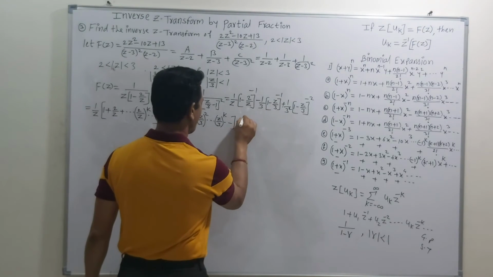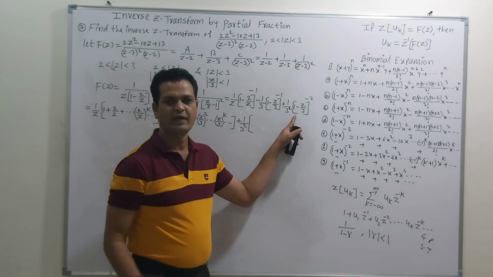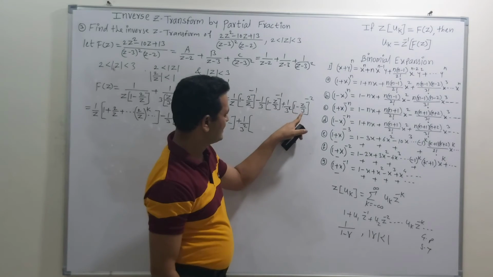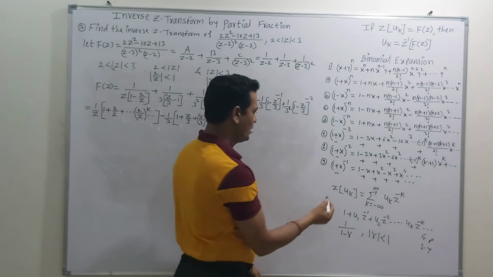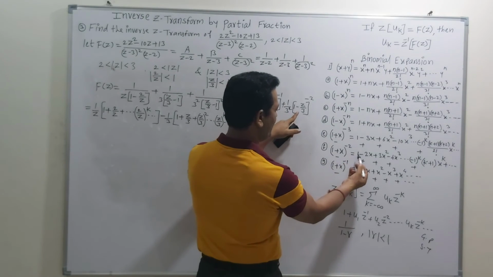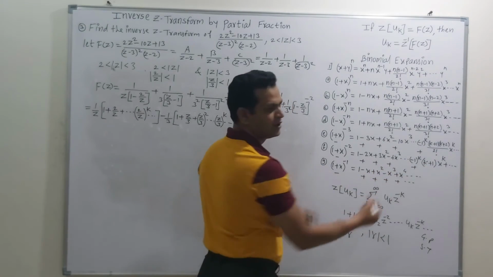Now the third term is plus 1 upon 3 square. Then again we simplify this: 1 minus z upon 3 raised to minus 2. Here the power is minus 2, so this formula is applicable: 1 minus x raised to minus 2, which is 1 plus 2x plus 3x square plus 4x cube, and so on.